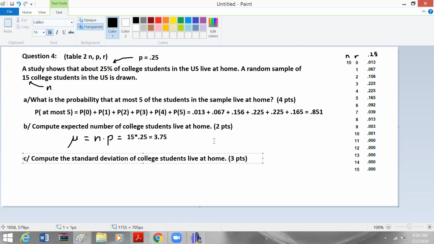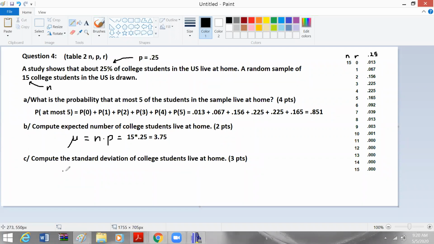Okay, so what we need to do, the standard deviation will be the sigma, and I believe that this part will be square root of NPQ, right? And what is the Q? The Q is 1 minus P. So that would be 1 minus 0.25. So that would be 0.75.